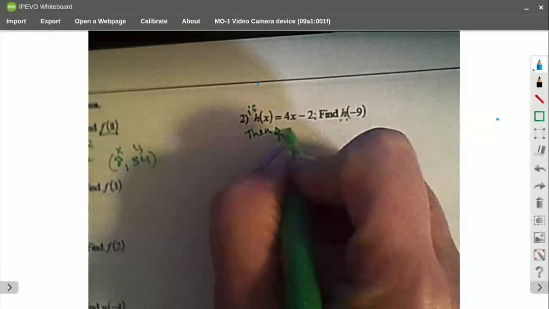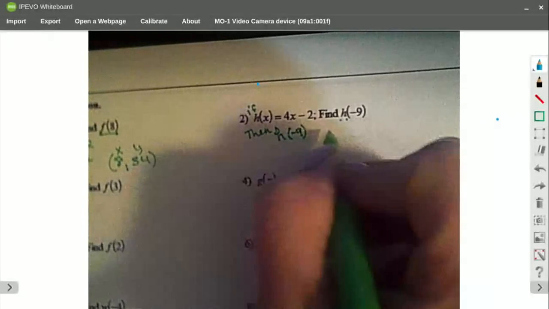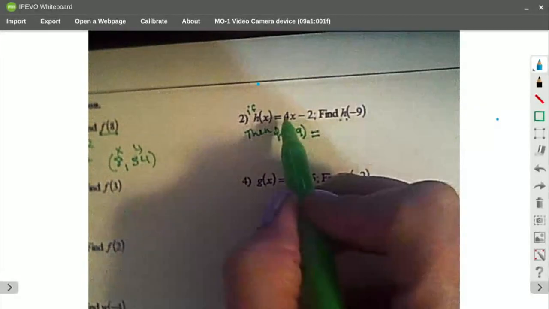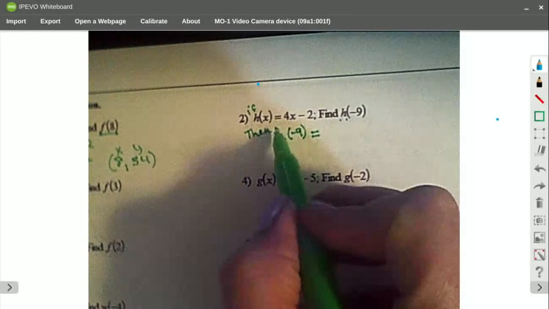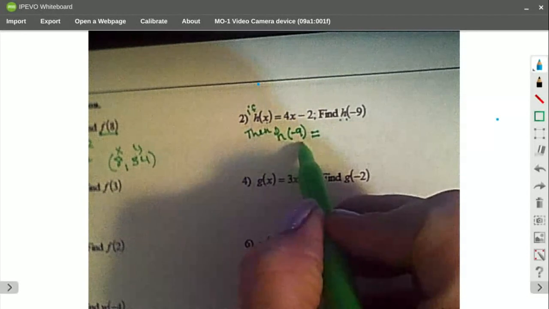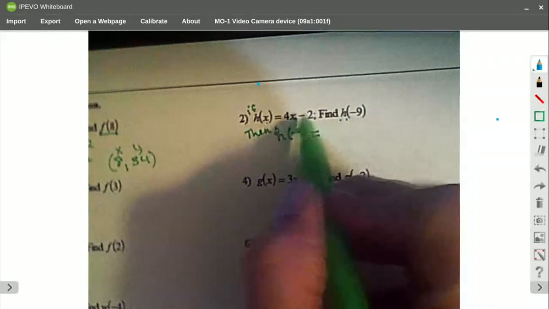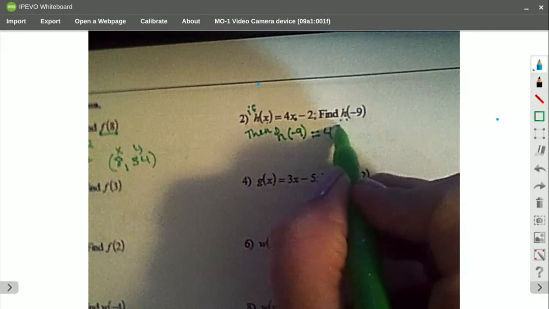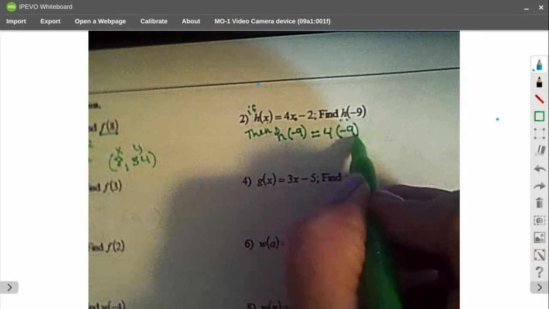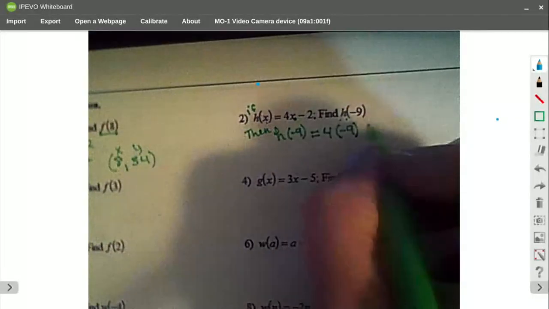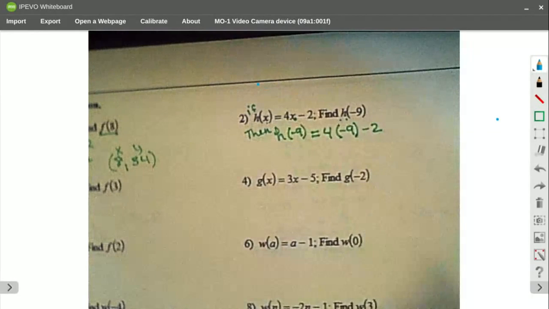Then H of -9 is going to be equal to, instead of 4 times X, took out the x, put in the -9, take out the x, -9 minus 2.